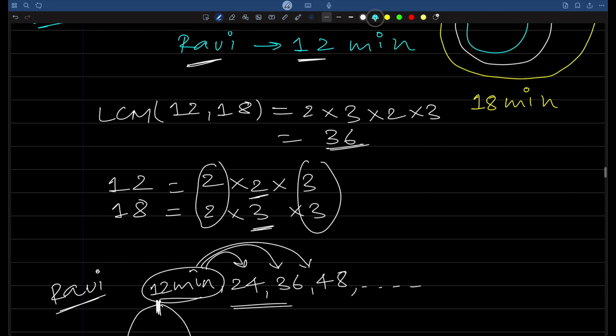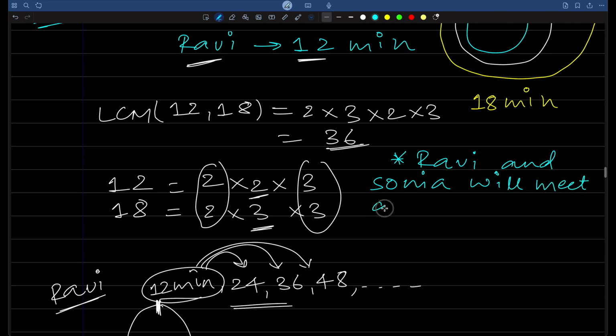So we can write that Ravi and Sonia will meet after 36 minutes at the starting point.